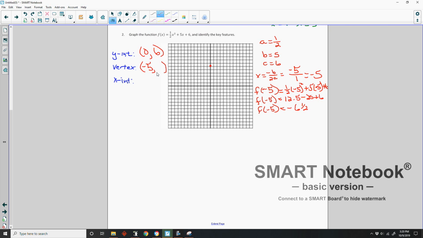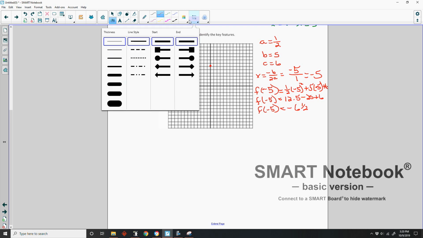So I'm going to write that here, negative 6.5. So I go left 5, down 6.5. So my point is right there. There's my vertex.